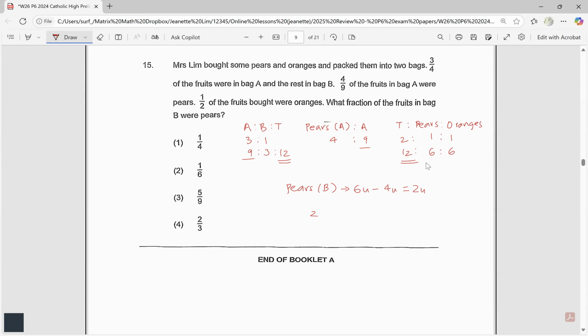What fraction of the fruits in bag B? So it's out of bag B. Bag B is 3 units. So I am looking at this 2 and then out of bag B. So answer 2/3, option 4. It is not 2/12 because they are asking for fruits out of fruits in bag B, not the total fruits.